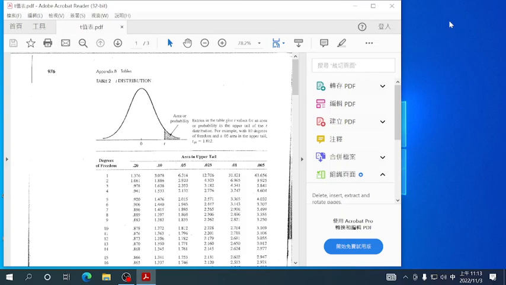And you will see that if my degrees of freedom is 20, then if I change my degrees of freedom from 20 to 30, the value changed, right? One thing I have to remind you is that all the values in this table are called critical values.